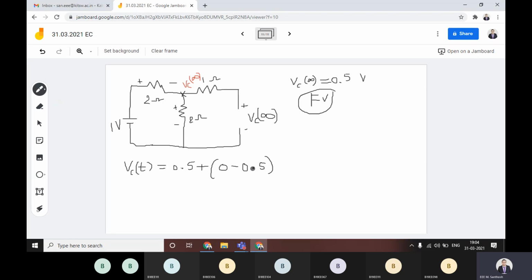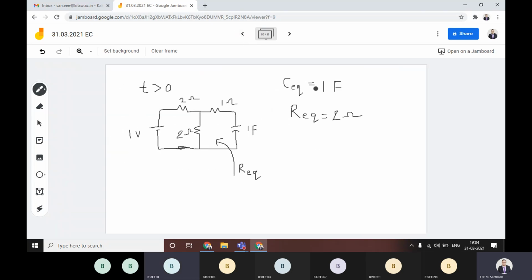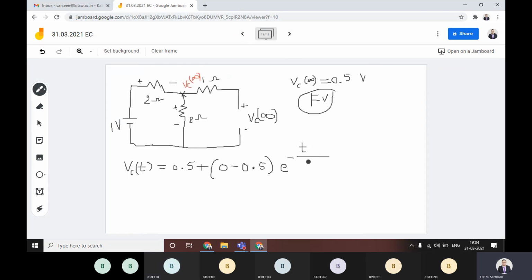Initial value is 0 minus 0.5 final value, then e power minus t by R equivalent. How much is the R equivalent? 2 ohms. C equivalent is 1. That means this will become 2 into 1, that is equal to 2.